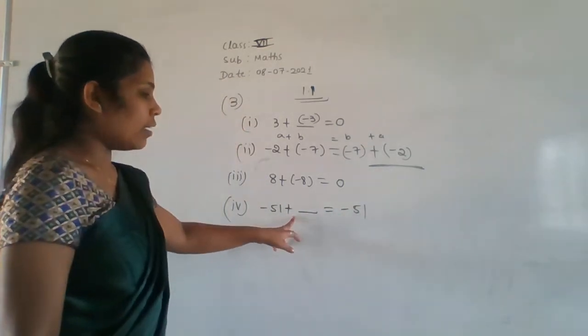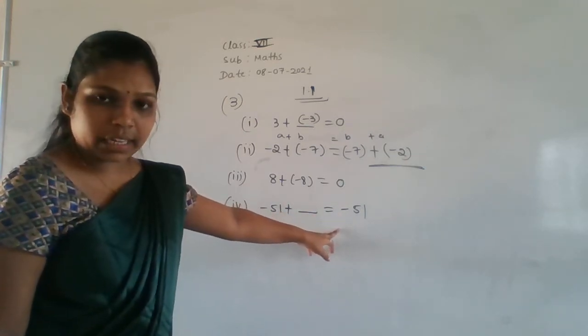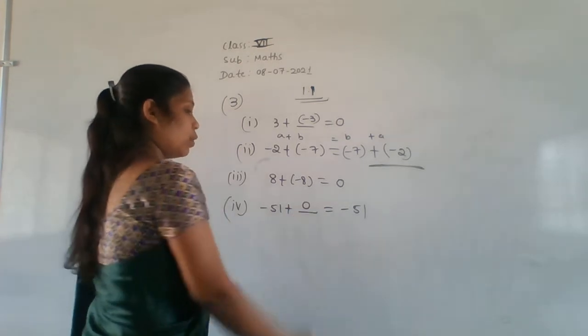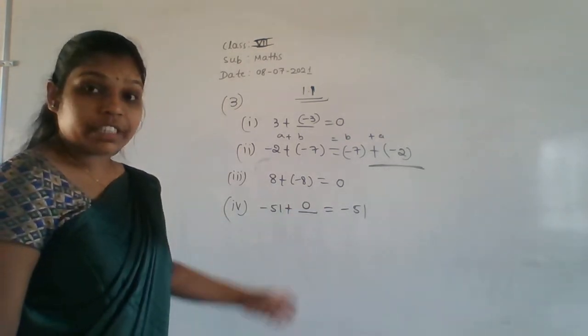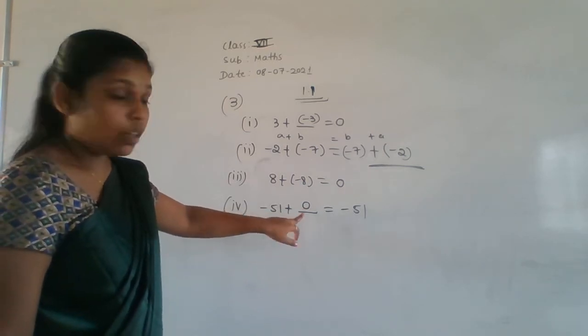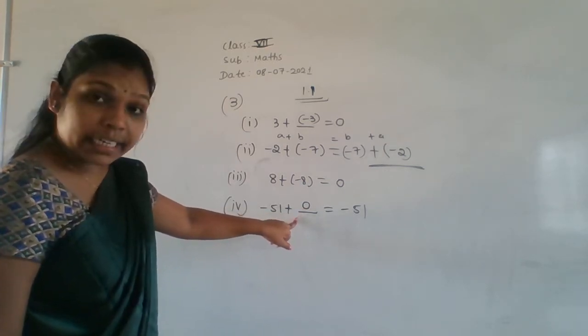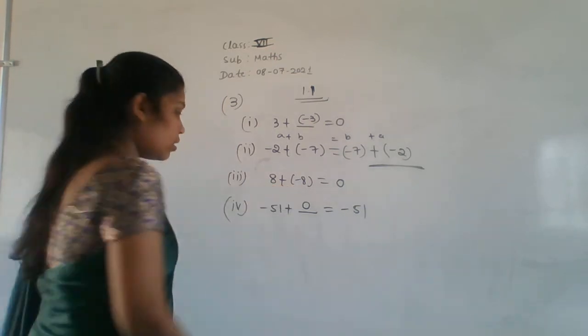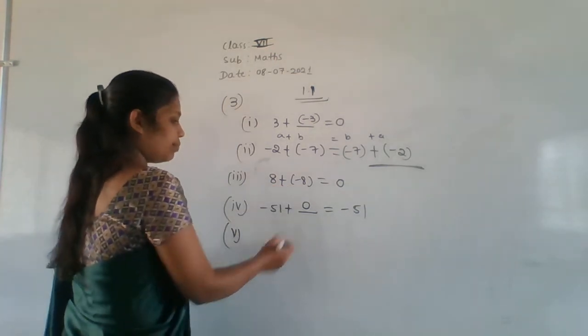What do we have to add to get minus 51? We have to add a 0, right? So add a 0, then only we will get that. Which property is it? Additive identity, right? So the property used here is additive identity. Here, additive inverse.